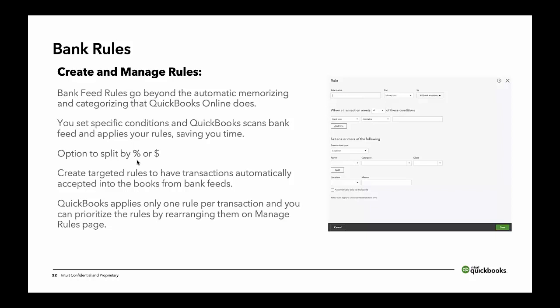You've got some extra options when you are deciding what you want this rule to do. You can split by percentage or dollar amount, and you can even have certain rules automatically get added straight into the register and bypass the review process entirely.